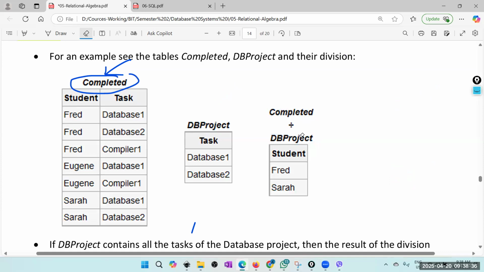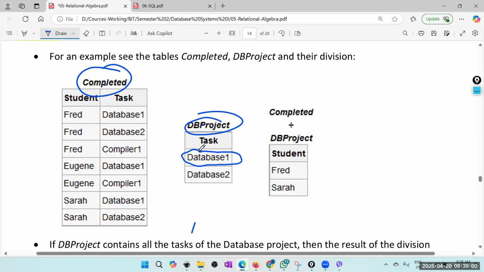So now we have two tables, right? Completed table, database project or DB project table. So what is meant by completed divided by database? So that means you take one record from here and see whether, no, you take from left side, not right side. You take your first record.